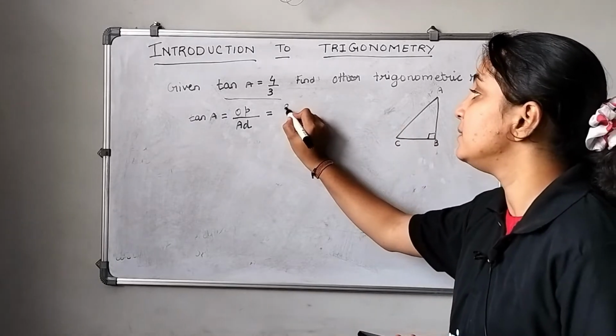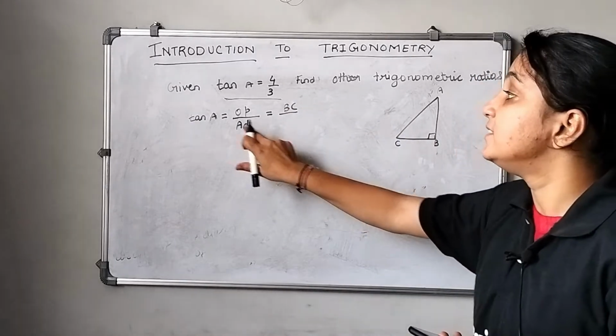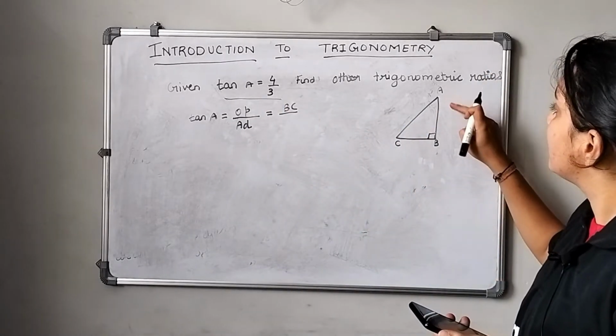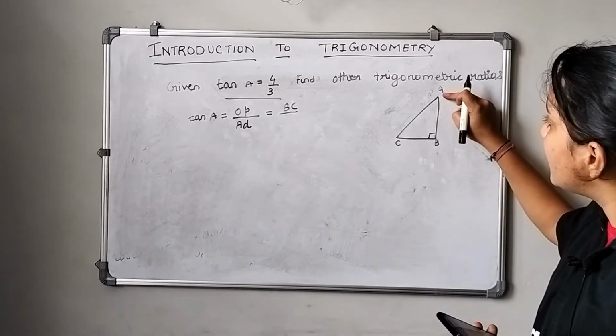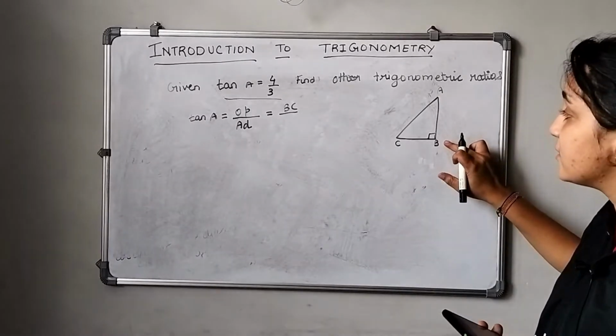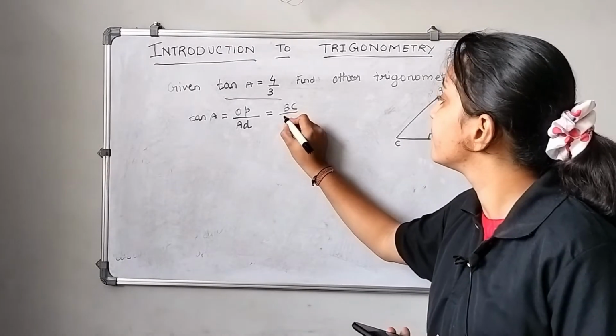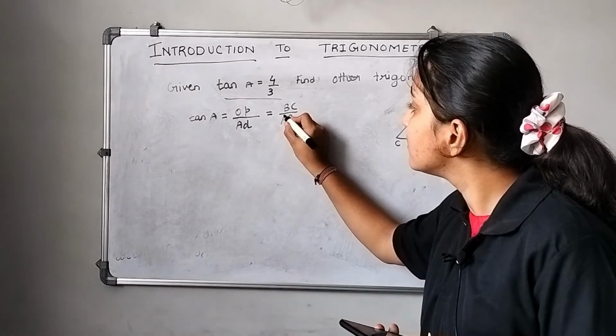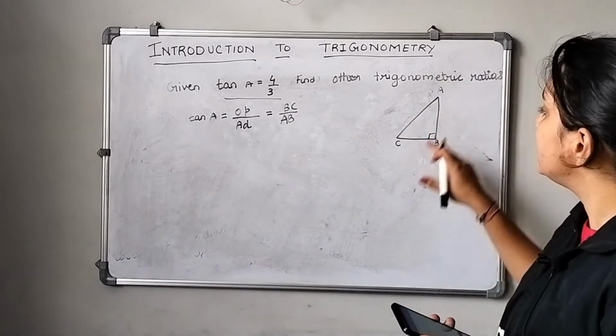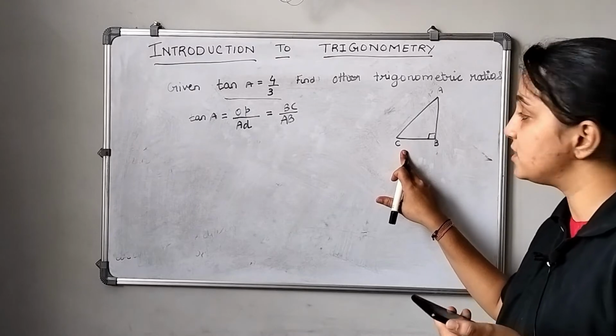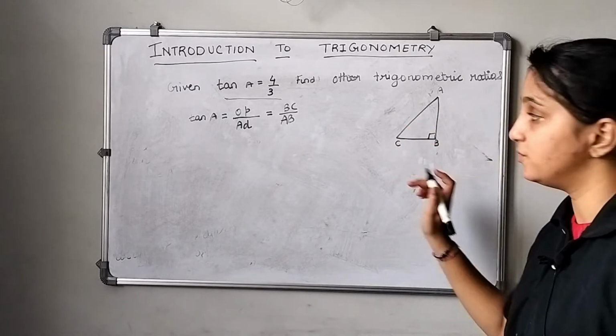So, I'll write here BC. What is the adjacent side of A? A is connected to AB side, so the adjacent side of A is AB. And the side which is not connected is BC, so that will be the opposite side. And this is the hypotenuse.